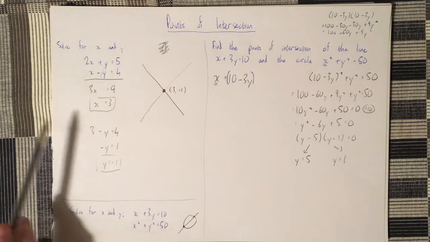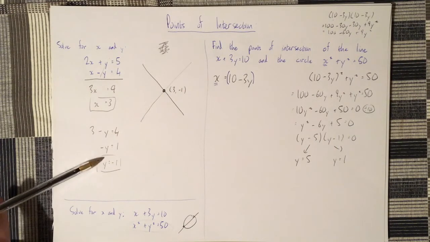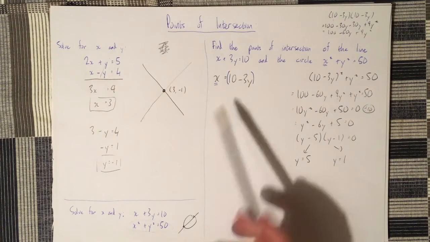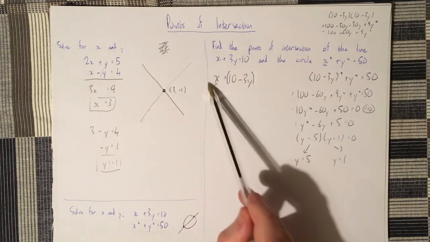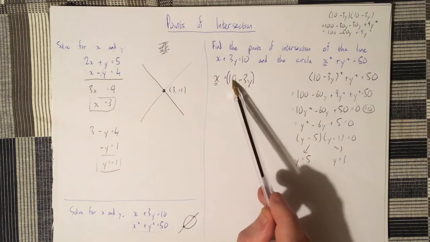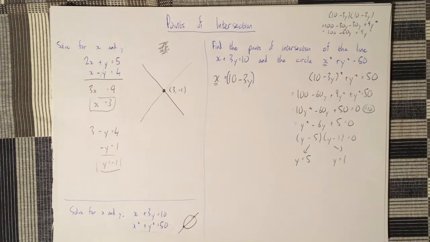Now, just as when over here, I got the x that wasn't finished, I have to sub back in and get y. When you get the y's here, you need to sub back in and get the x's, okay? So use this here to get your x's, okay? So I've already got x is equal to 10 minus 3y, so I'm just going to sub 5 in there, and I'm going to sub 1 in there, and then I have my x's, all right?